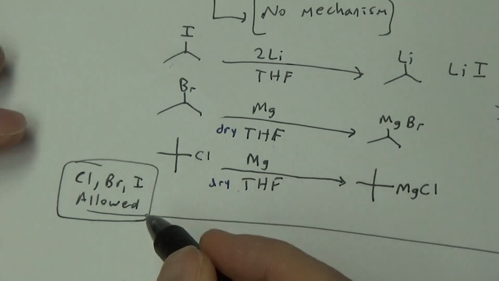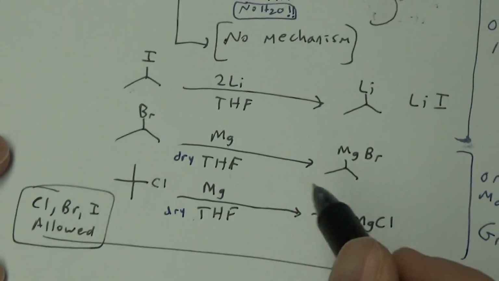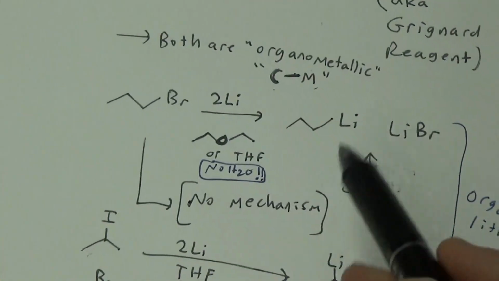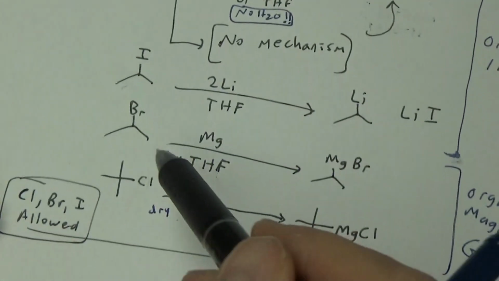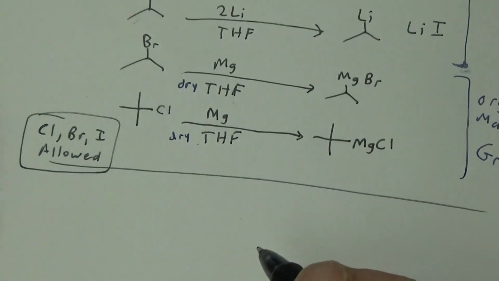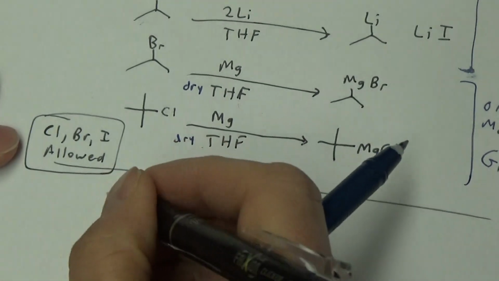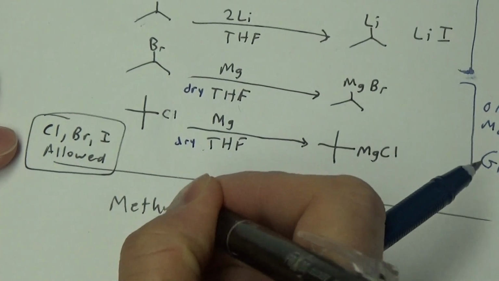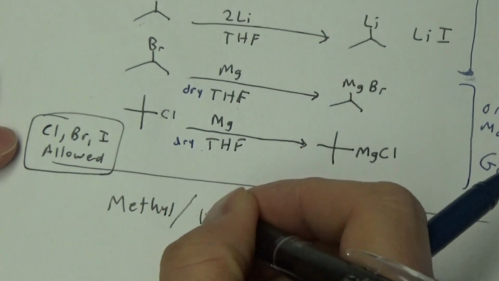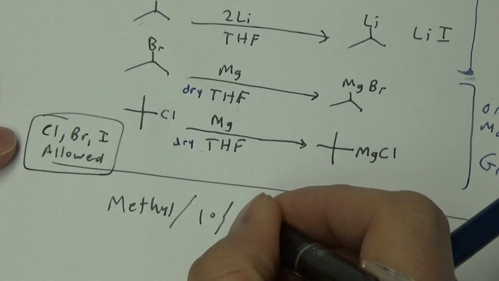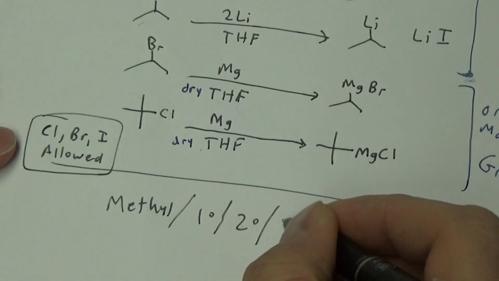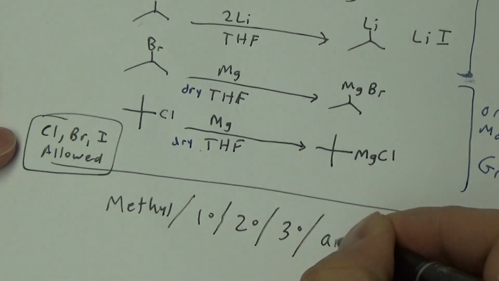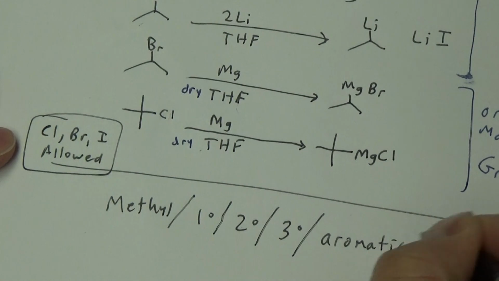Okay. What other structures of these organometallics can we do? We have primary, secondary, tertiary. What else can we do? So all, like methyl, works. Methyl is good. Primary is good. Secondary is good. Tertiary is good. Aromatic is good, which is like a benzene. These are all good.